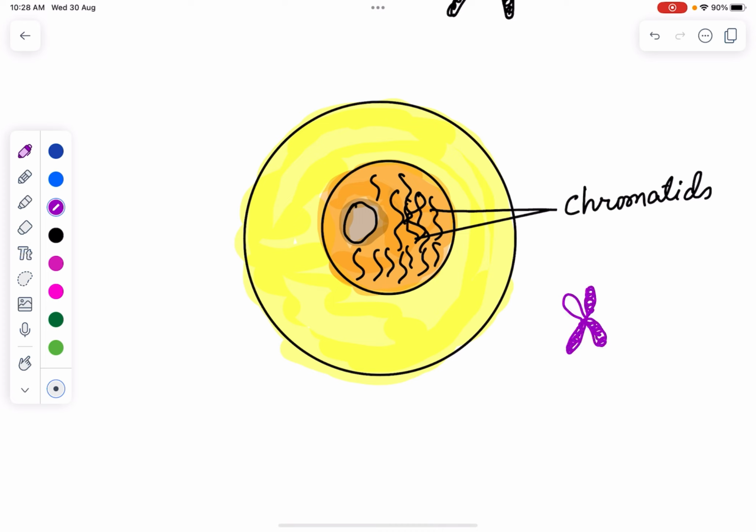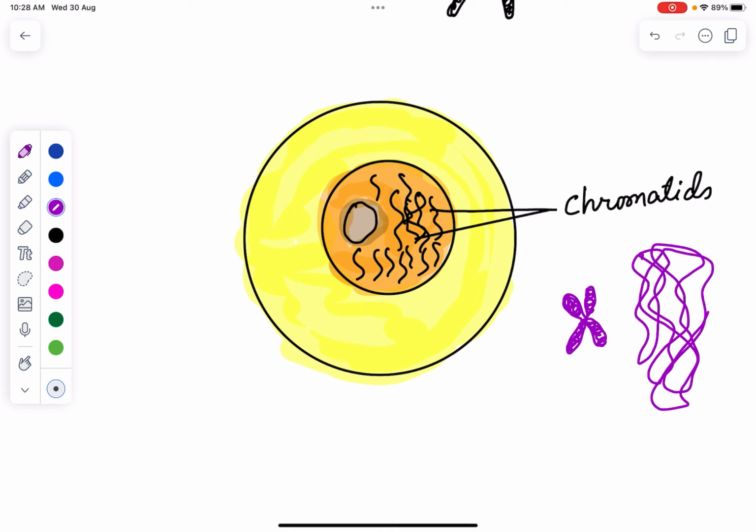It is present in a thread-like structure, tangled, and it is not possible to divide these tangled chromatids into two cells. So for that, what does it do? It gets coiled like a telephone wire.